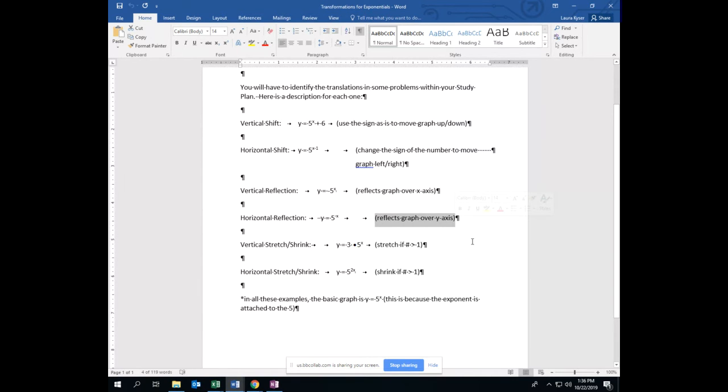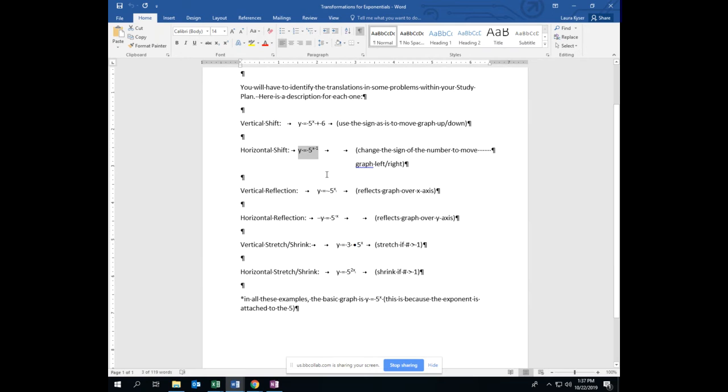If you remember what happens there, when you reflect the graph over the y-axis, all of the x coordinates in your points change signs. So it's going to kind of flop it from one side over to the other side. Then we're looking for something being brought in and added or subtracted into the exponent, which is right here. That would indicate a horizontal shift. In this one, they used x minus 1.